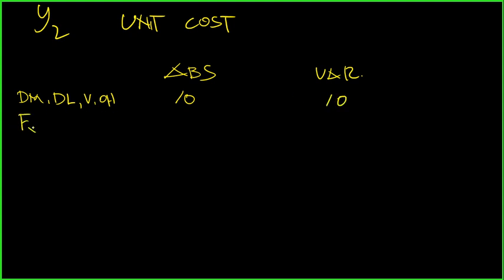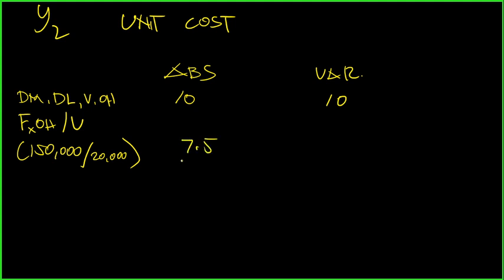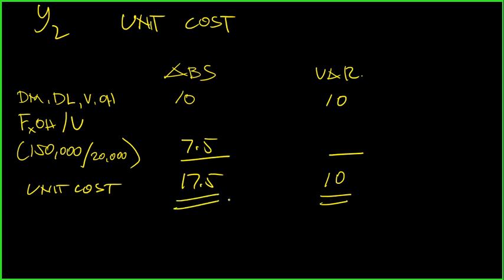Tapos, you have the fixed overhead per unit. Okay, so for year 2, ano ba to? You have 150,000 pa rin. Constant naman yan. But for year 2, they only produce 20,000. So, 15 divided by 2, 7.5. That's now your fixed cost per unit. So you now have your unit cost of 17.5 and you will have 10.